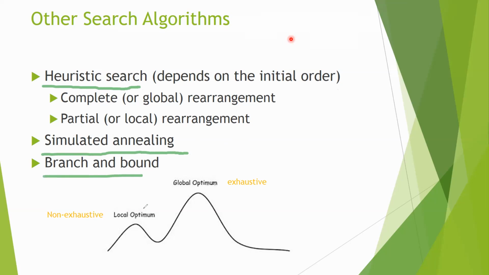Some methods can guarantee to find the global optimal, which means they can guarantee to find the true order for the loci, but some cannot, because there's a trade-off between the computational complexity and the accuracy.